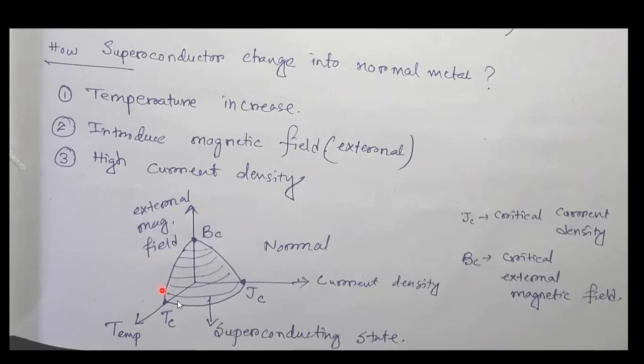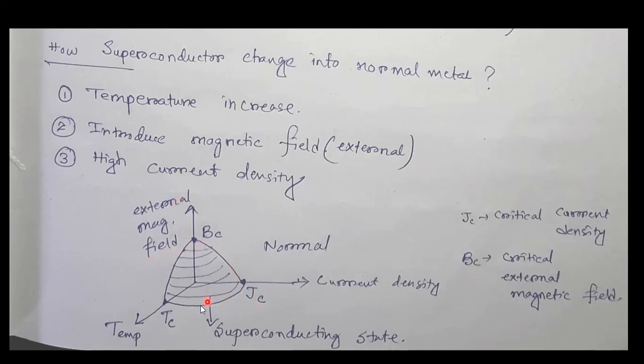So within the same graph representation in three dimensions, you can take one axis as temperature, one axis as current density, and one axis as external magnetic field. Above the temperature Tc, this becomes normal; that is the critical temperature. Above the current density, this becomes normal; the critical current density. Above this magnetic field, this becomes normal metal; the critical magnetic field.